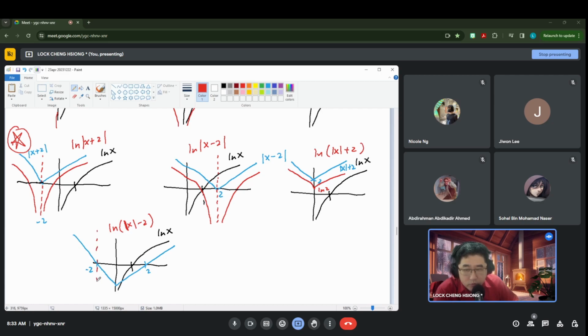Therefore, you have two asymptotes. Then we know that we cannot log a negative number. Therefore, in between here, there is no graph. So the graph will appear here. Okay, the graph appears here.